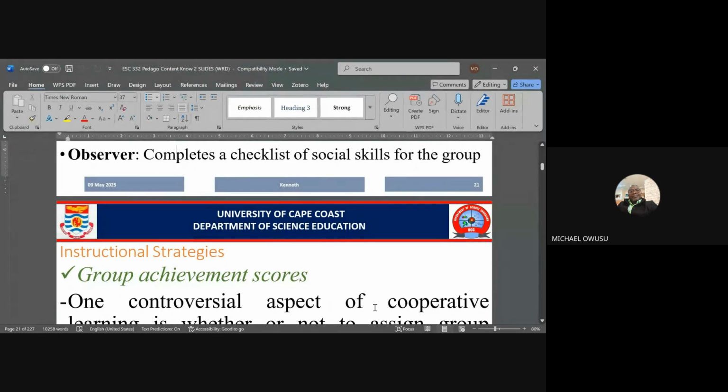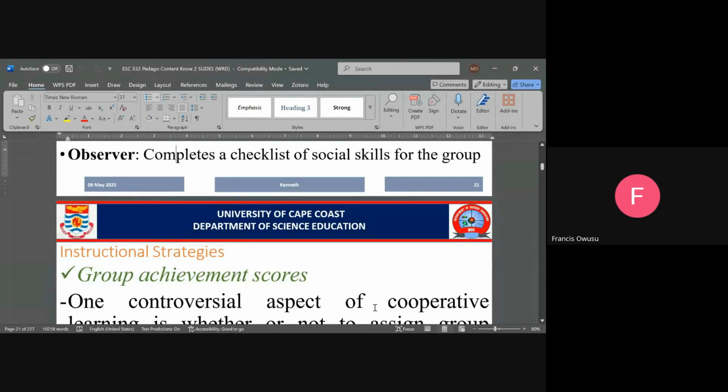Let's hear you. Yes, please. It is good. The reason you have to assign scores to the groups is that maybe we give them group work to go and do, and come and present their findings in class.